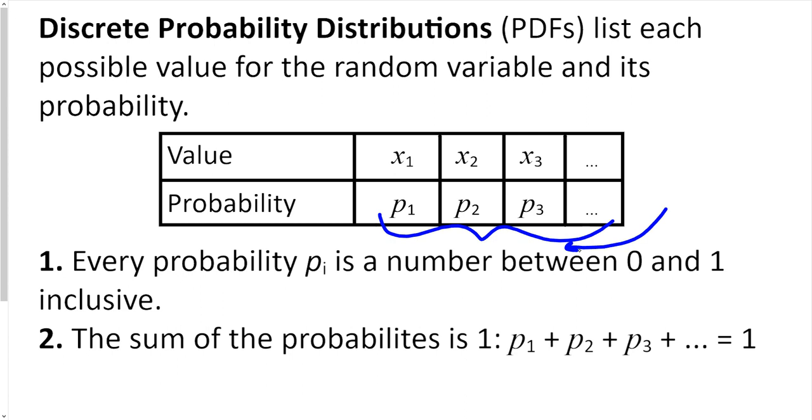These have to sum to 1. Their sum is going to be 1. That's just the way it is with probabilities. And they're always going to be between 0 and 1. You can't have a negative probability. You can't have something bigger than 1. They all add up to 1, so they're going to be between 0 and 1.